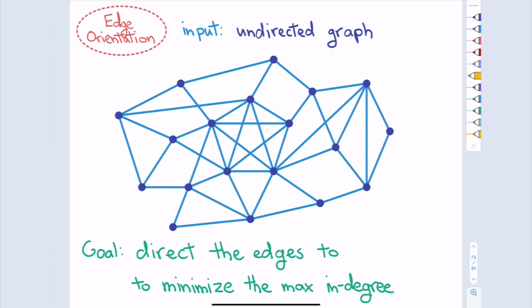I imagine something more complicated. Okay, so if the question was I want to assign to every edge a direction, keyword being assign.